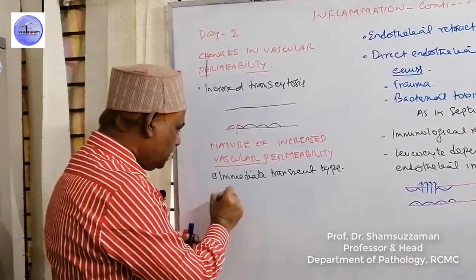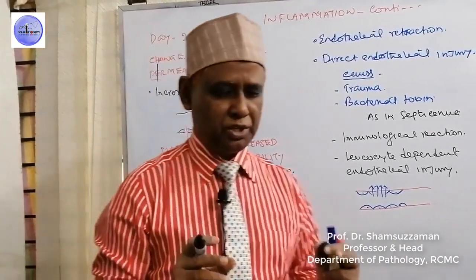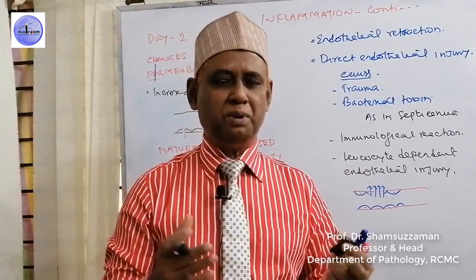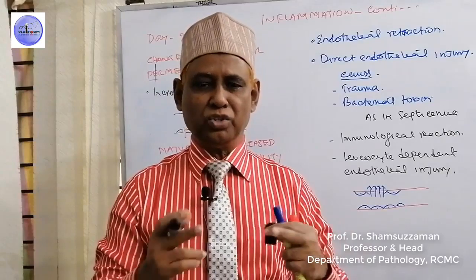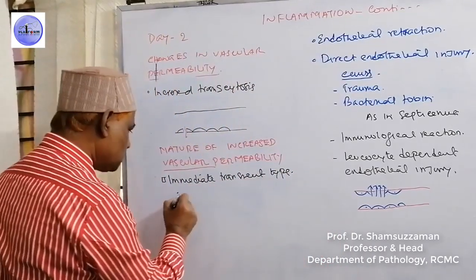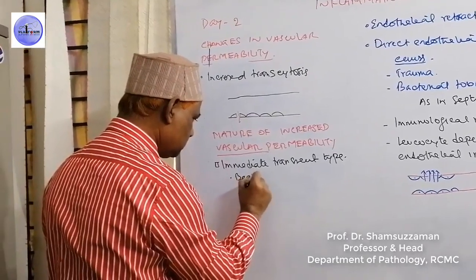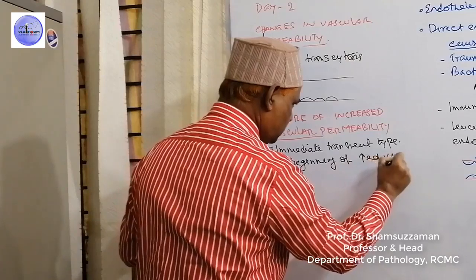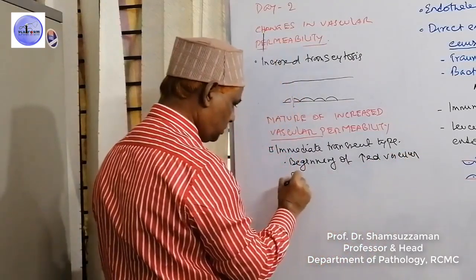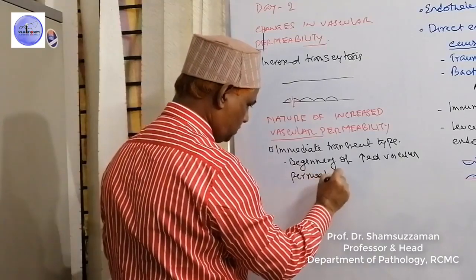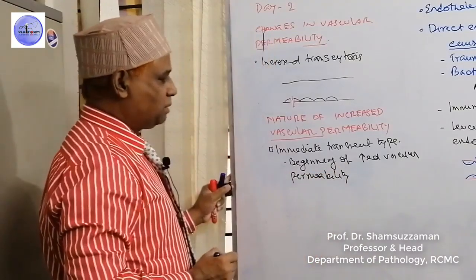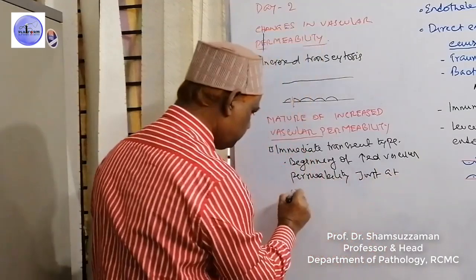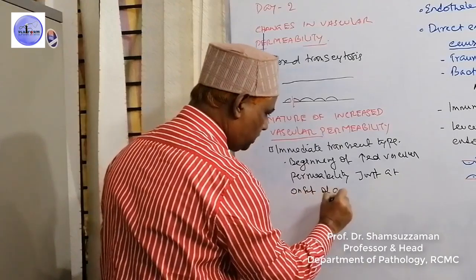It means that at the site of acute inflammation, there is beginning of increased vascular permeability just at the onset of acute inflammation.